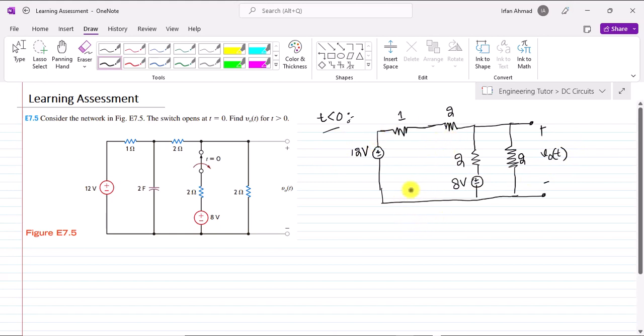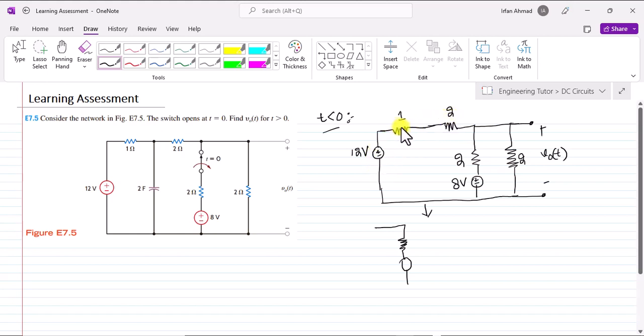In order to analyze it some more and give a very clear overview of this circuit, let me again draw it with a very simplified sketch. So this is the resistor and the voltage here. Similarly, we can see that this 2 ohm resistor, 1 ohm resistor, and 12 volt source, these three are in series configuration.